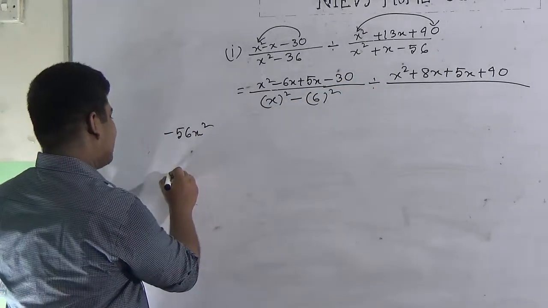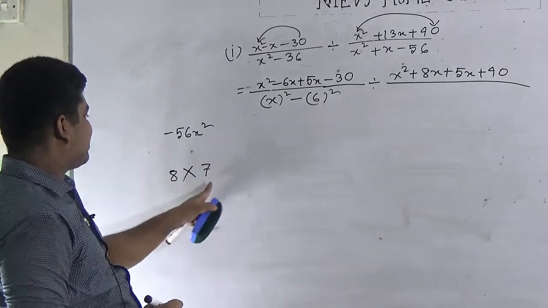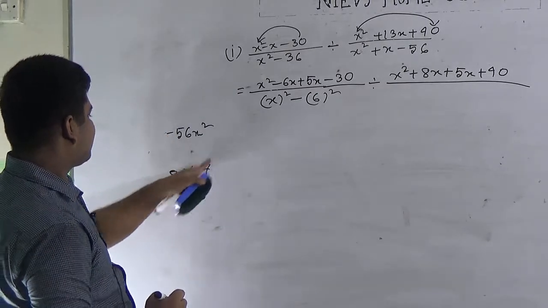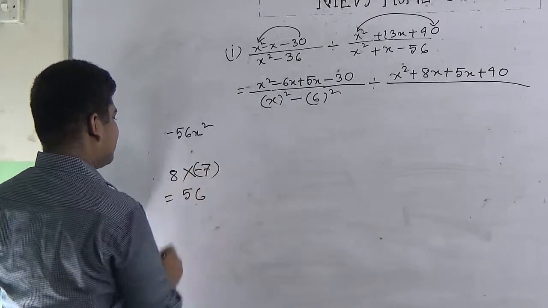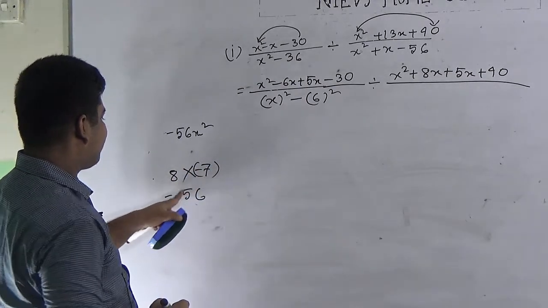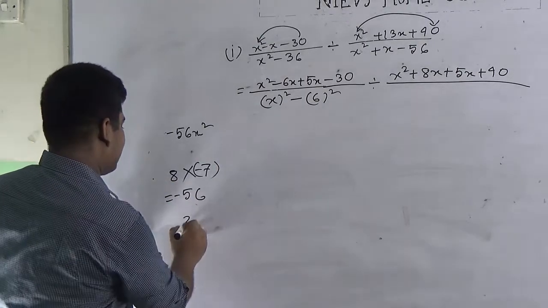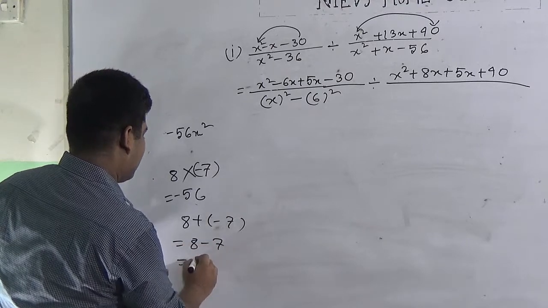So 8 and 7, if we multiply these two numbers, we get 56, but here it is minus 56. So if we give a minus sign, then 8 7s are 56 and this plus minus will be minus. Now if we add 8 plus minus 7, then we get 8 minus 7 equal to 1.